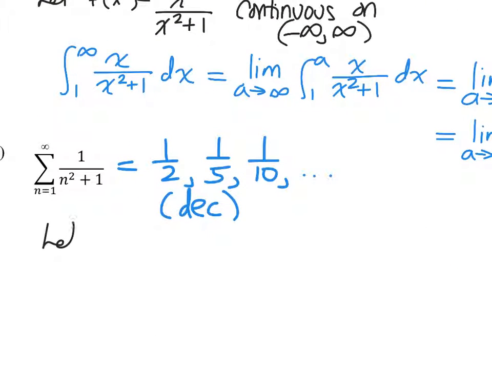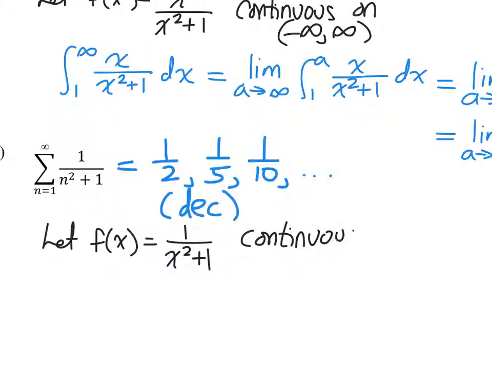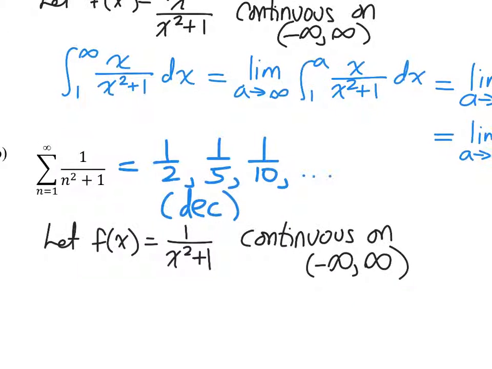We're going to let f of x be equal to 1 over x squared plus 1. So that's continuous on the interval of negative infinity to infinity. There's no location in which this function would be undefined. There's no way to make the bottom equal to 0, and there's no way to make it imaginary because there's no radical.